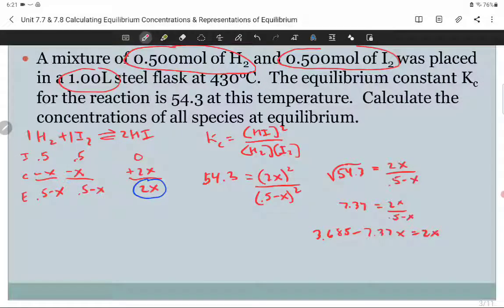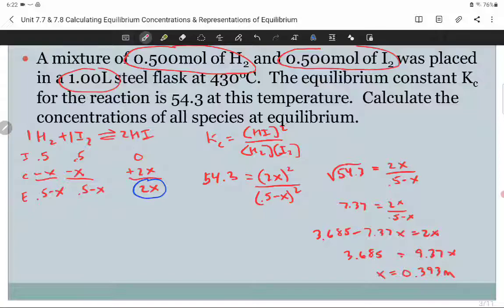Get the x's on the same side of the equation, and we would have 9.37x equals 3.685. X equals somewhere in the ballpark of 0.393 molar. Is that our answer? No, it's not our answer, but it's very close.